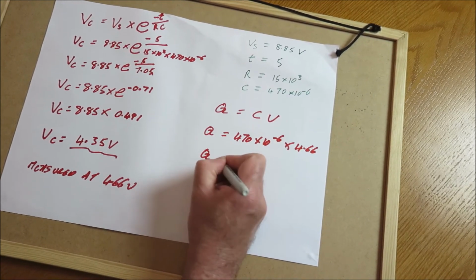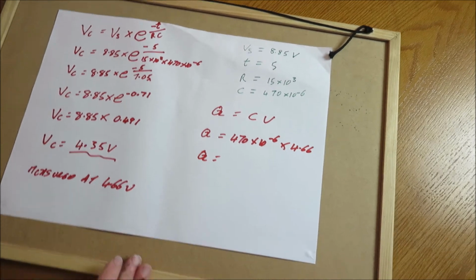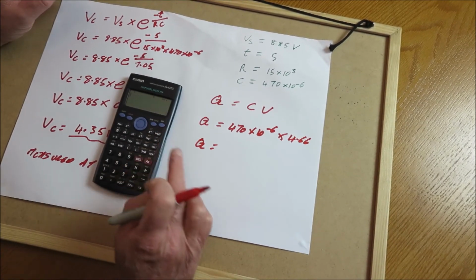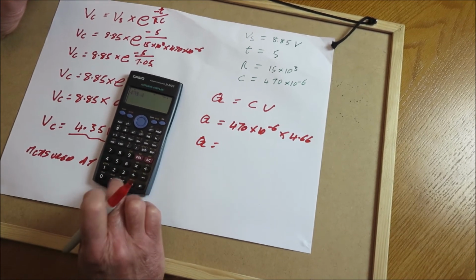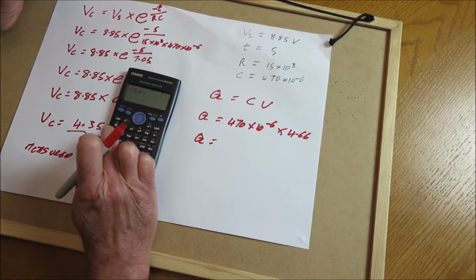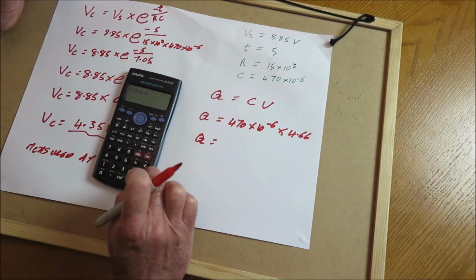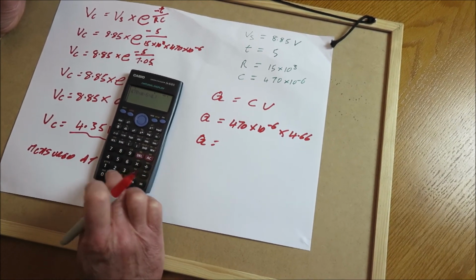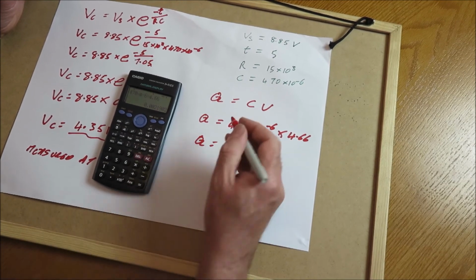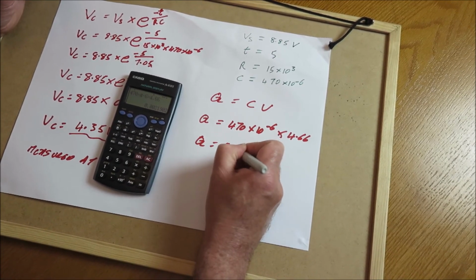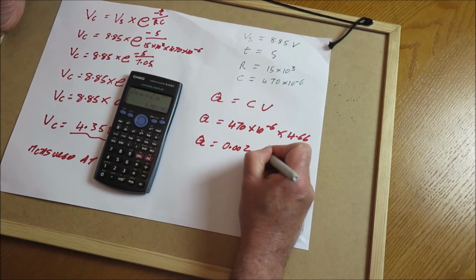So the charge at that point on the capacitor is going to be 470 times 10 to the minus 6 times 4.66, and that equals 0.002 coulombs.